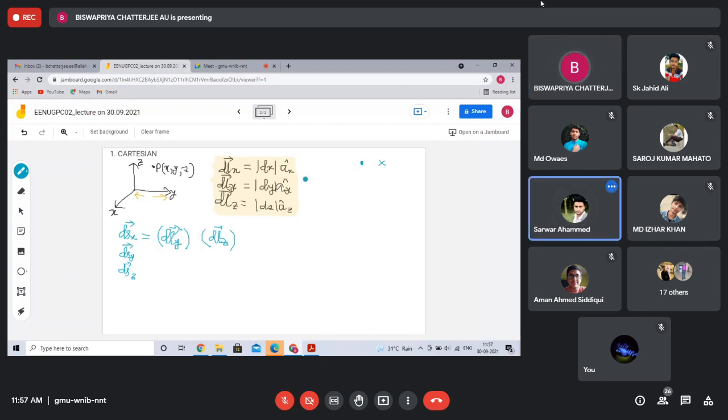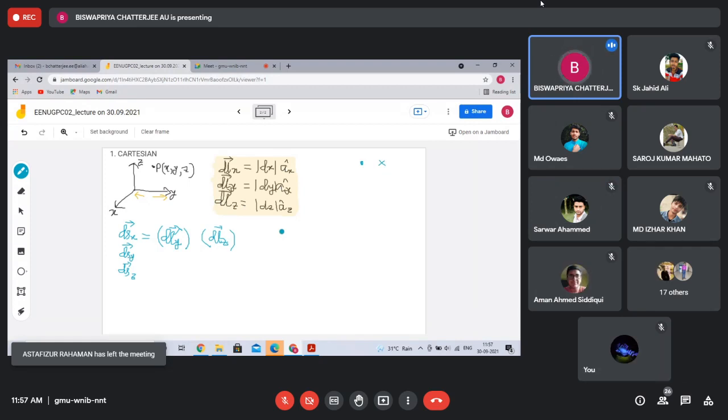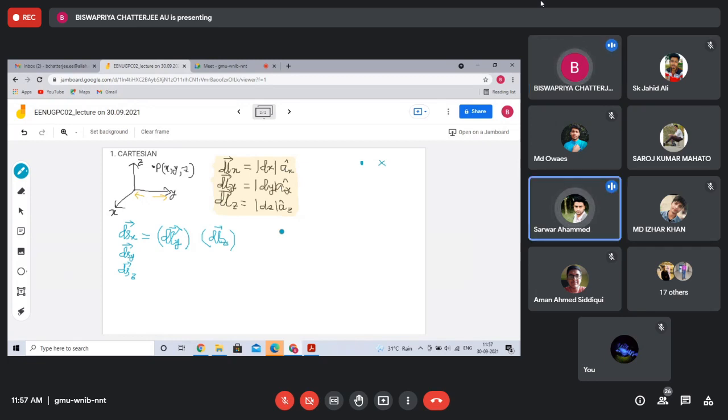Sir, cross. So why cross? What is your opinion? Sir, why not dot product? Sir, dot product happens when the two values are the same. You have a very wrong conception.